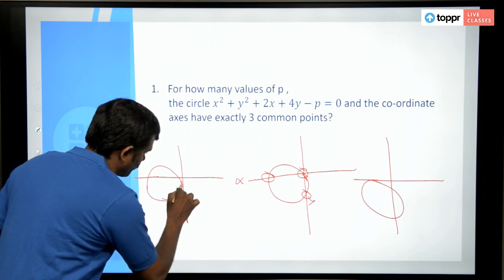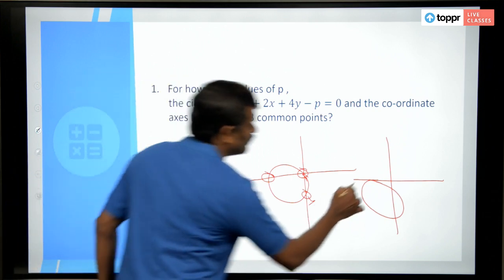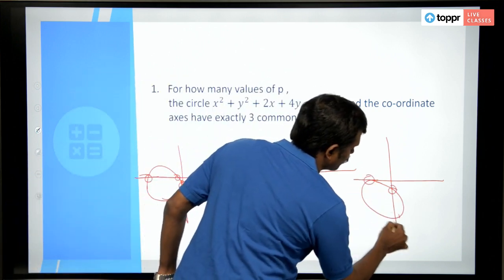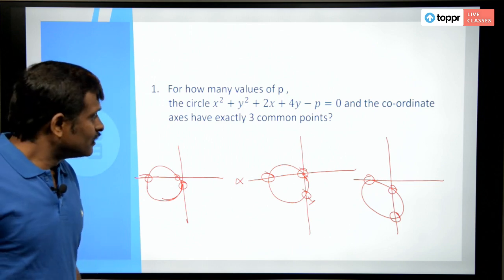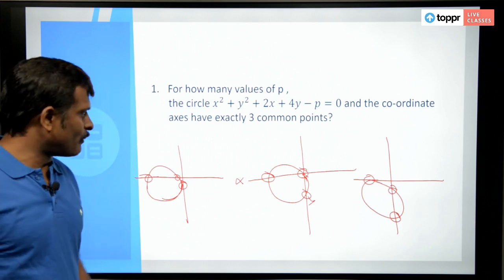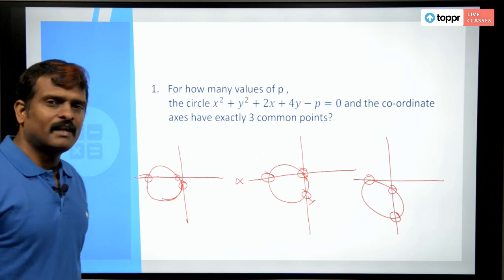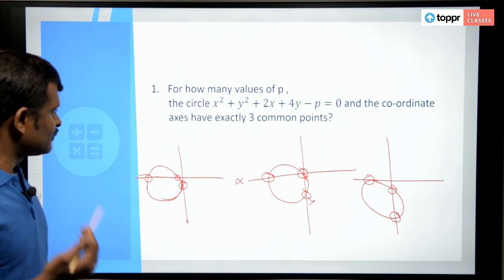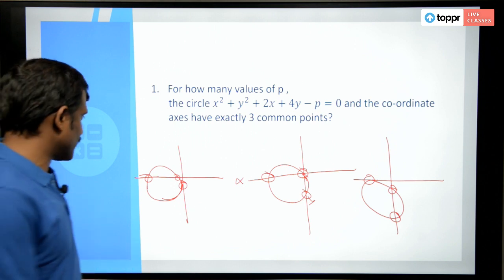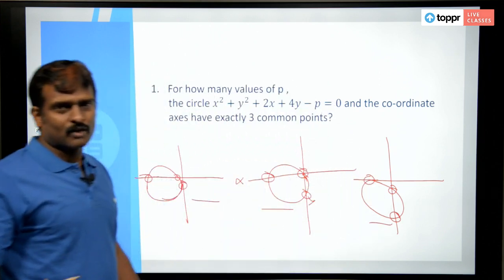My diagram is a little bit bad, but there can be a common point here. So, here also you will have 3 common points. These are the 3 possibilities where we can have exactly 3 common points, not more than 3, with the coordinate axes. Let us now check whether these 3 possibilities are there for this circle or not.